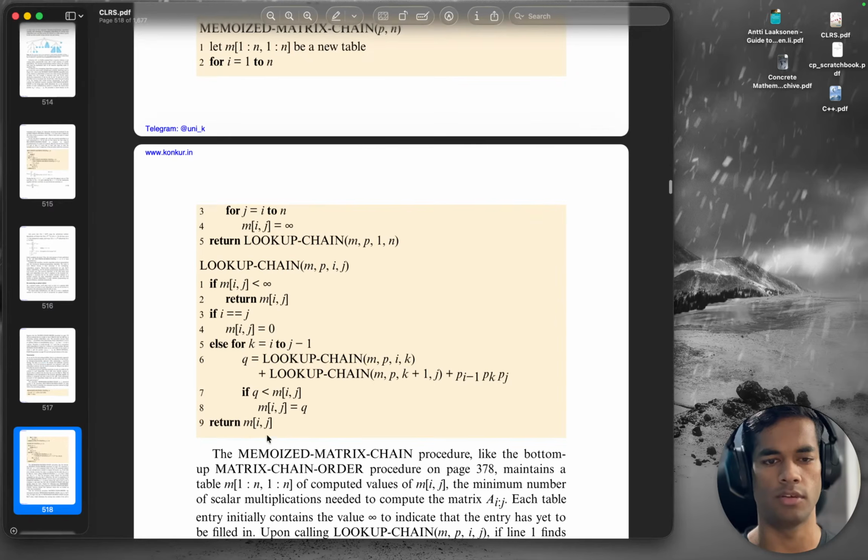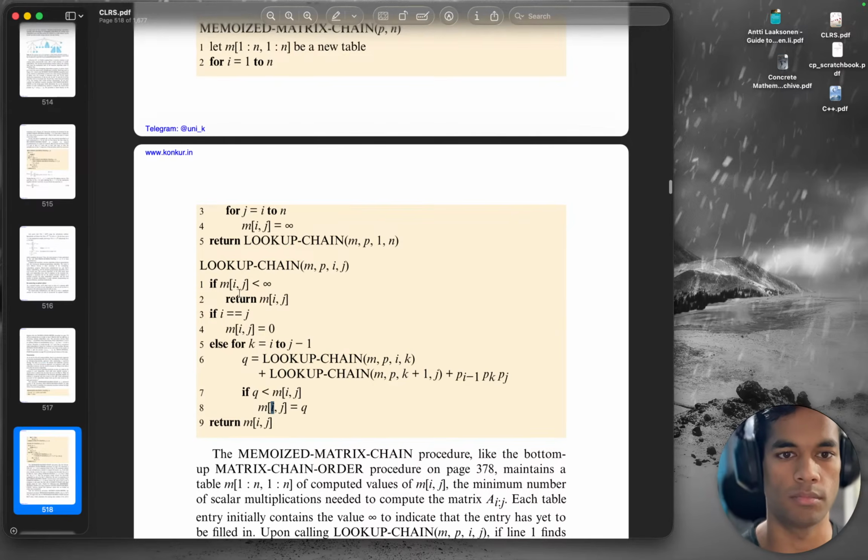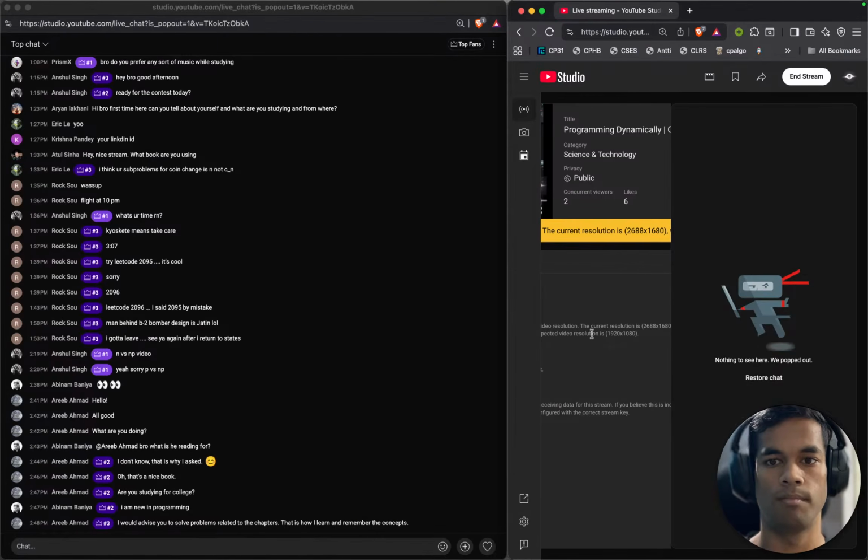If we already have solved it, if m[i][j] is less than infinity, then we return the stored value. That is cool.